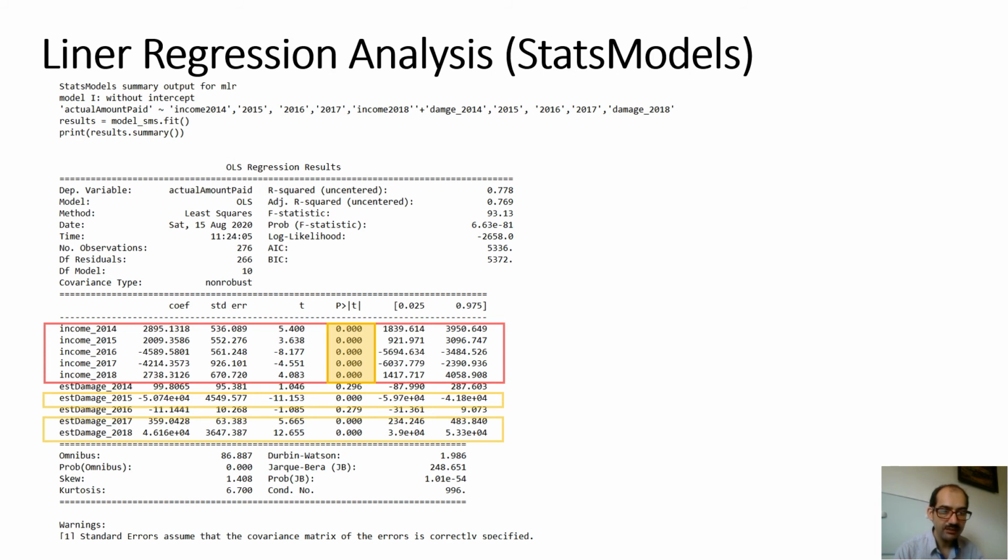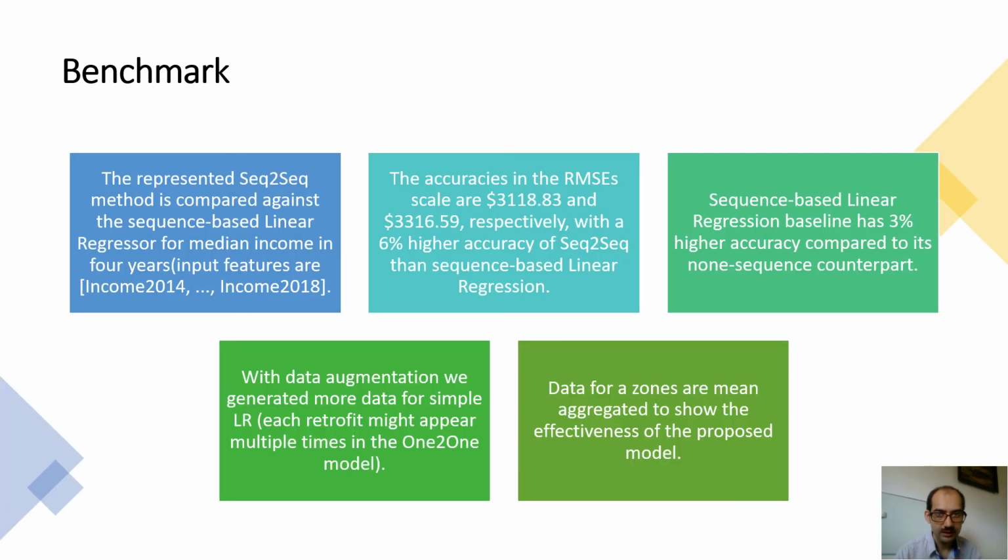However, the final model with intercept 0 in the sequence model shows that the income values are significant contributors to the overall variations in the retrofit amount. In some parts, the estimated damage also seems to be significant, but there isn't enough evidence to support that.